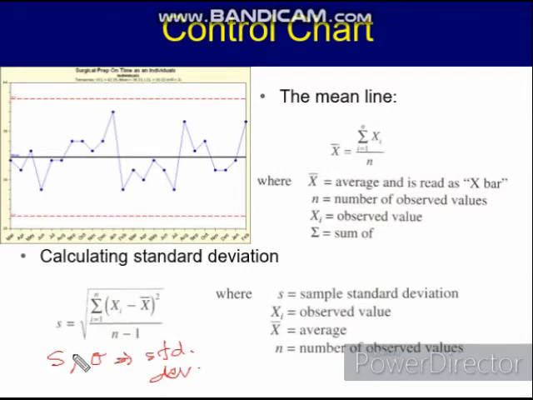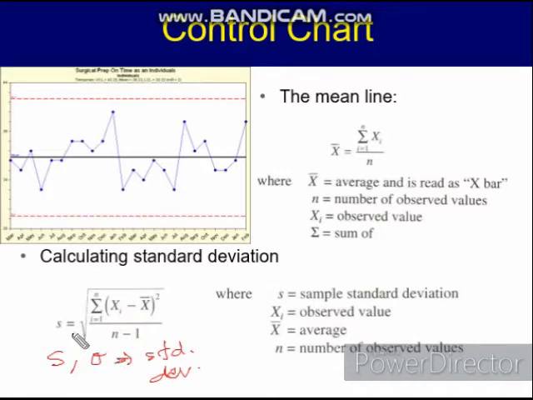The only difference is S is the standard deviation for a sample, and sigma is the standard deviation for the population. If you want to know a bit deeper about what a sample is and what a population is, then you can review a statistics book.